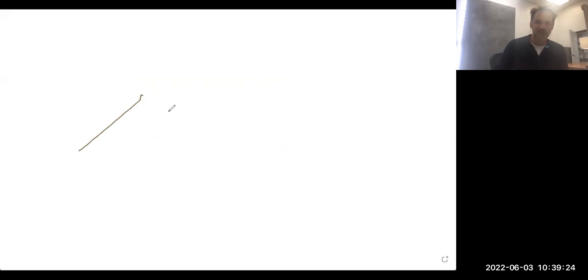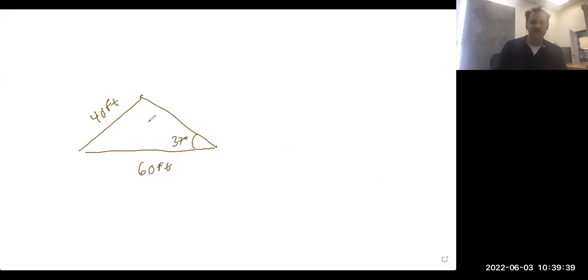If I've got a triangle and I know this is 40 feet and this is 37 degrees and this is 60 feet, then I can figure out this, this, and this.